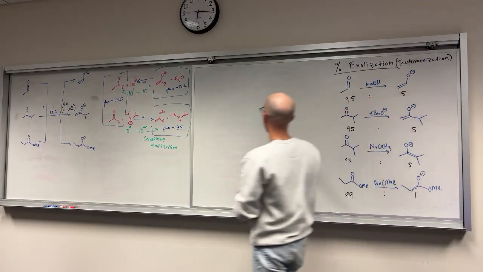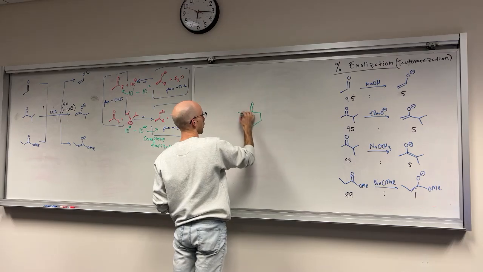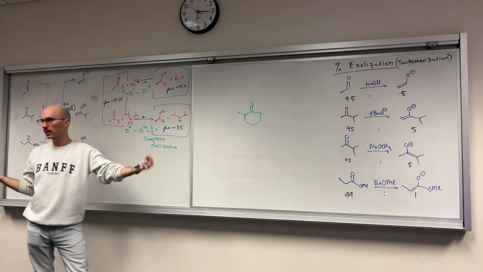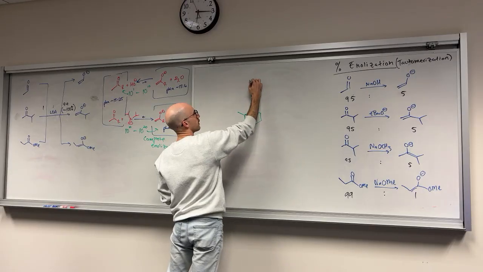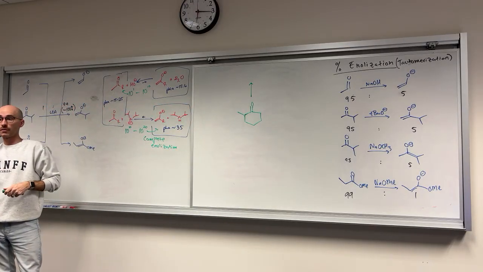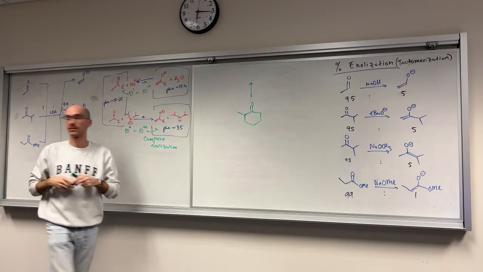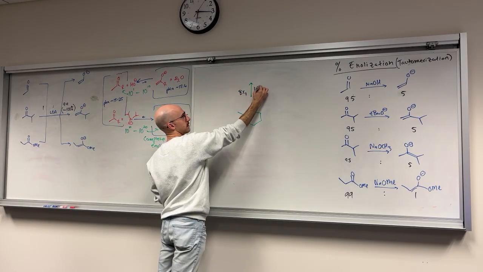The first reaction, we'll take this unequally substituted ketone, and let's run it through radical halogenation. Br2 with light.